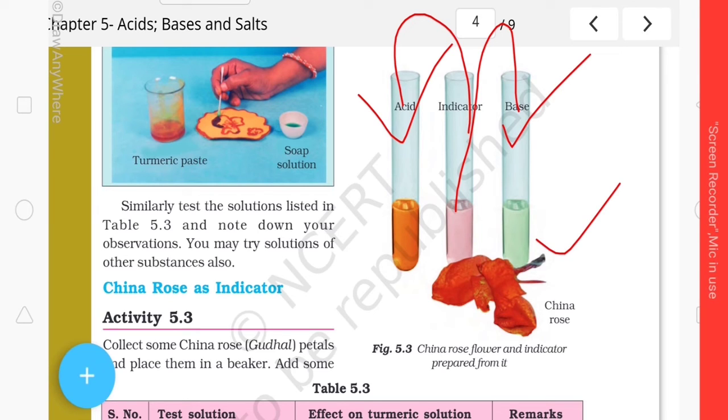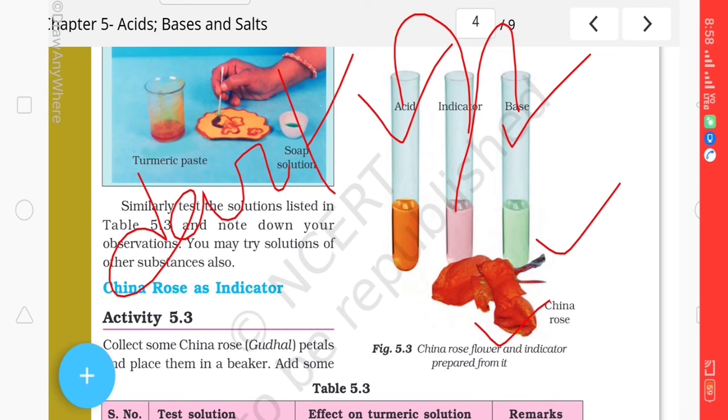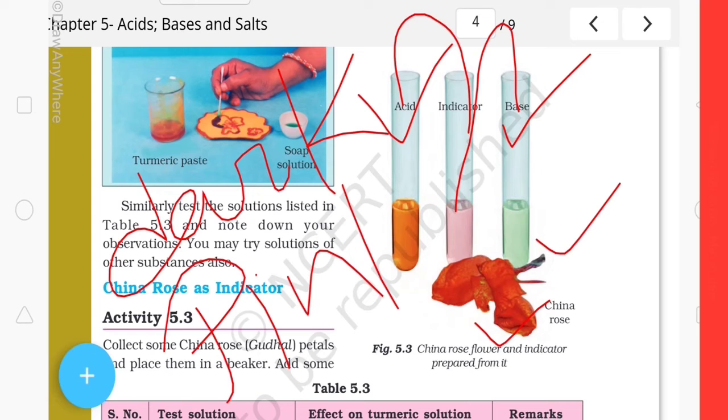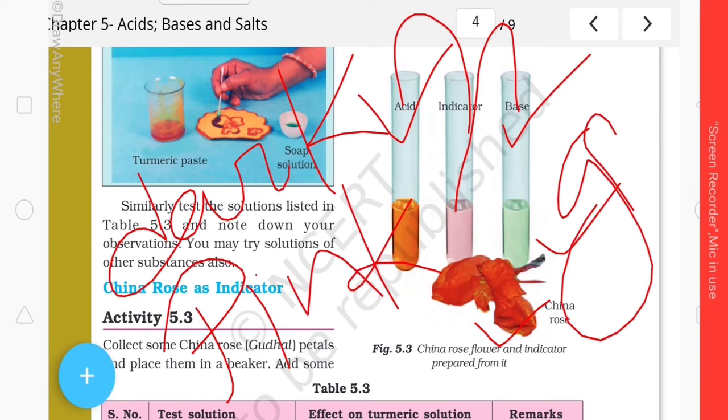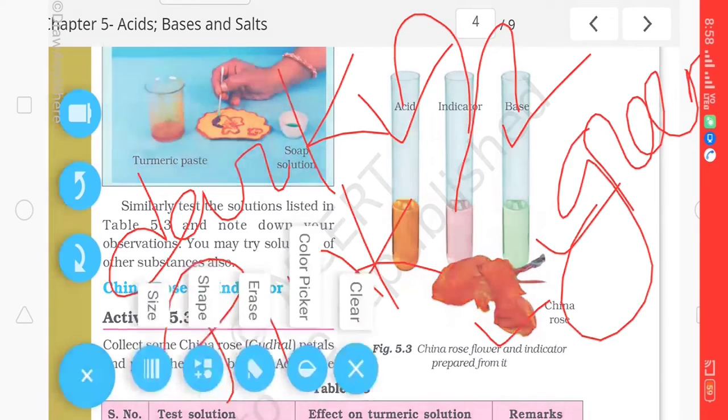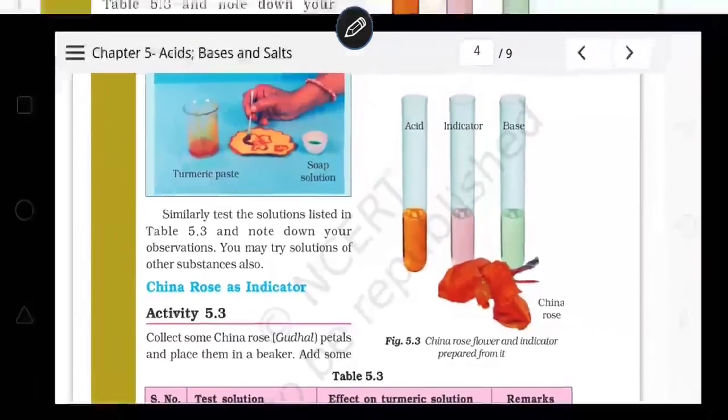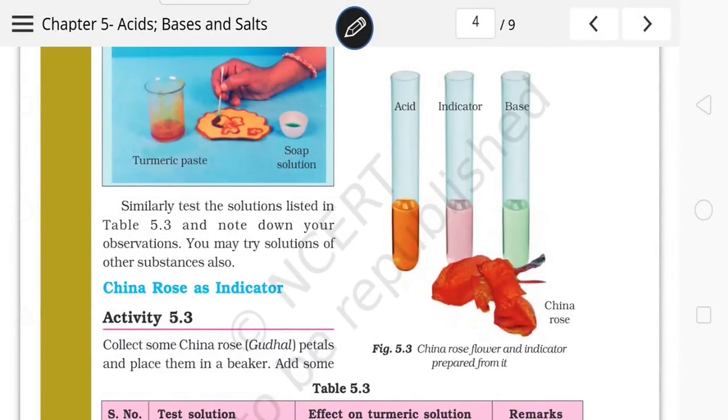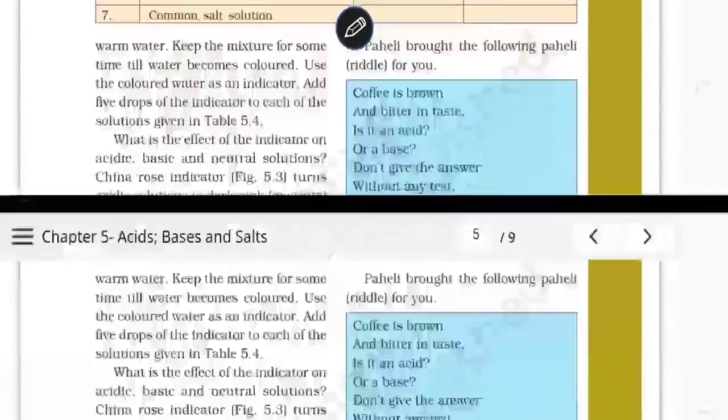So from this we can say that China rose petals are natural indicators which change the color of the solution. If it is acid, it will turn dark pink, and if it is base, it will turn green. So China rose is a natural indicator.